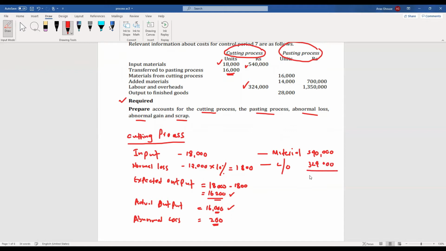The total is 864,000. This cost has to be divided by the expected output of 16,200.